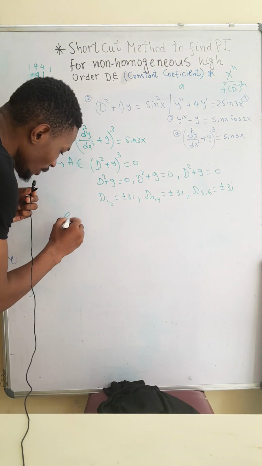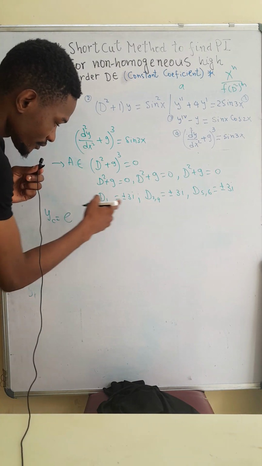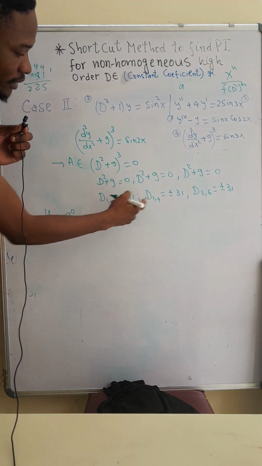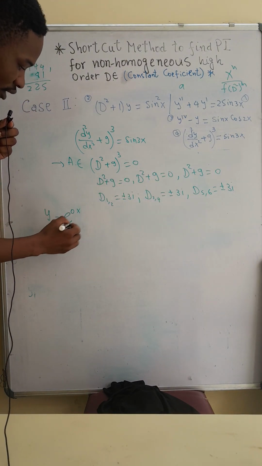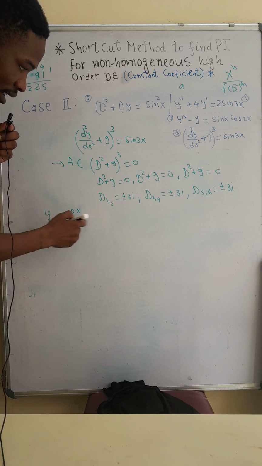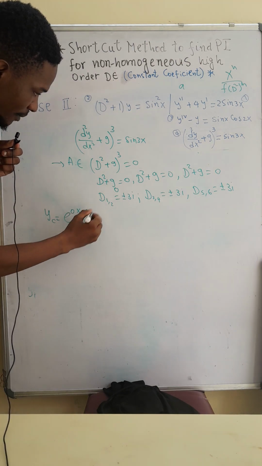So the solution for yc will be Euler raised to, there is only the imaginary part in this expression, so Euler raised to 0x, because there is no real part.